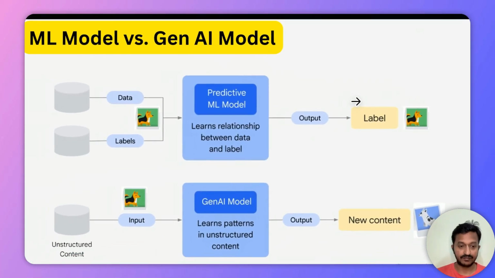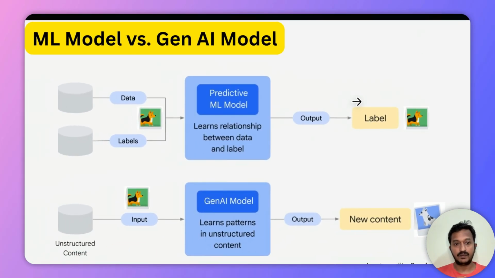We also have machine learning models, but Gen AI models are more superior than machine learning models, and you can see it here. As you can see, there is data and labels in the machine learning model. Basically, the model learns the relationship between data and the label.